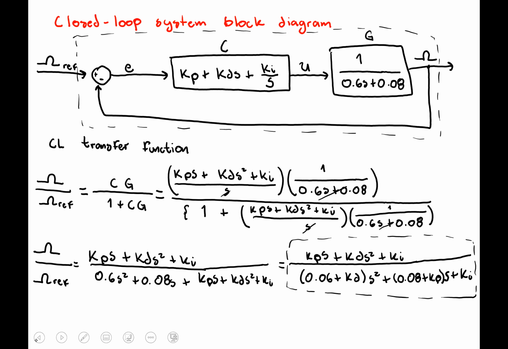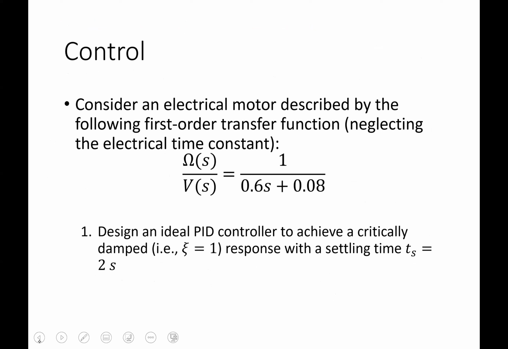And now we're going to think about the response that we're asked for. So let's go back to our first slide. I designed this problem to have a damping coefficient of 1 and a settling time of 2. So we can design a second order response that can satisfy these requirements.